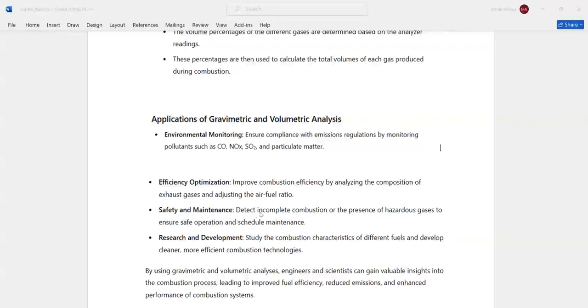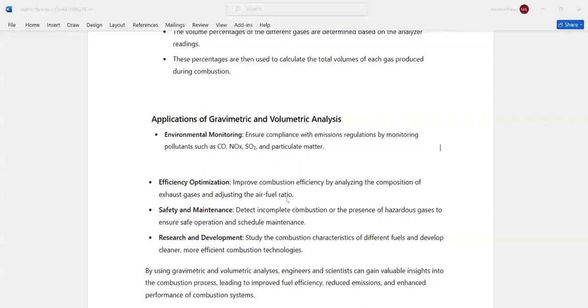Safety and maintenance: you detect incomplete combustion or the presence of hazardous gases to ensure safe operation and schedule maintenance. I would still give an example of an internal combustion engine. If there is incomplete combustion of the fuel, you would produce a lot of carbon monoxide.